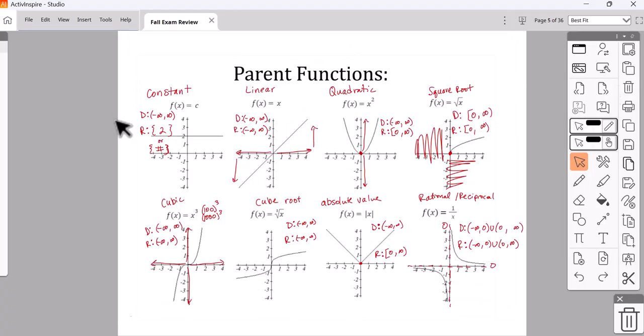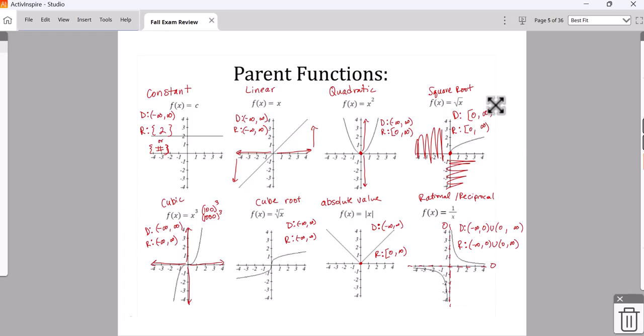And then moving on to topic 3, we also have domain and range. The big topic that we could see here is which functions have all real numbers as their domain. The constant function, the linear function, quadratic function, absolute value, cube root, cubic, all 6 of these have a domain of negative infinity to positive infinity.